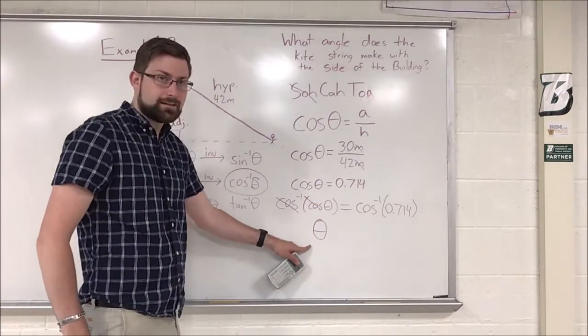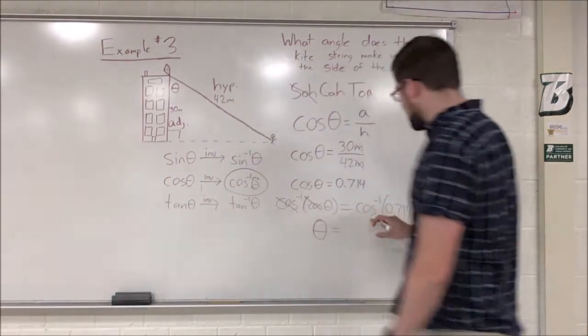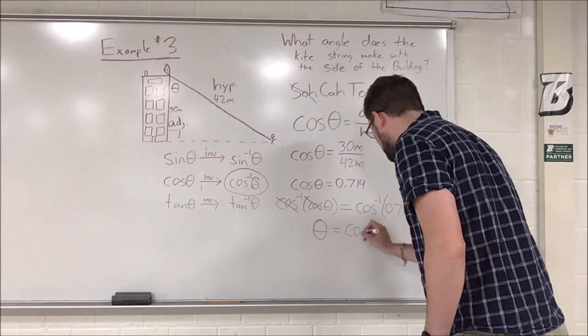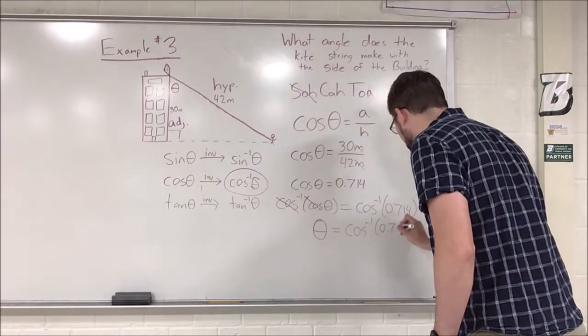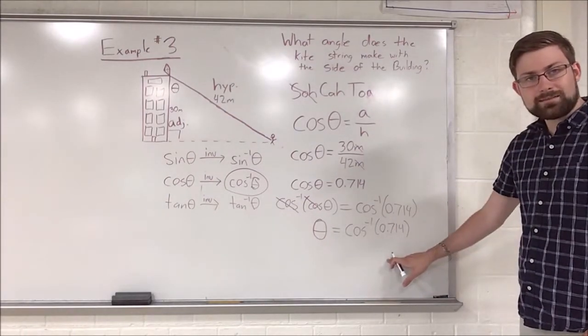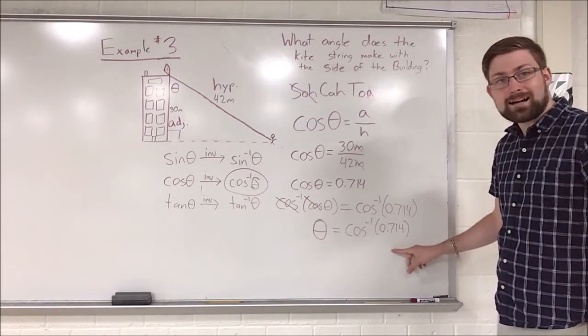Now that's going to be equal to, here there's no cosine for it to cancel out with, so we'll have cosine inverse of 0.714. Okay, so we've got this, and we still aren't done because this is still not a number.